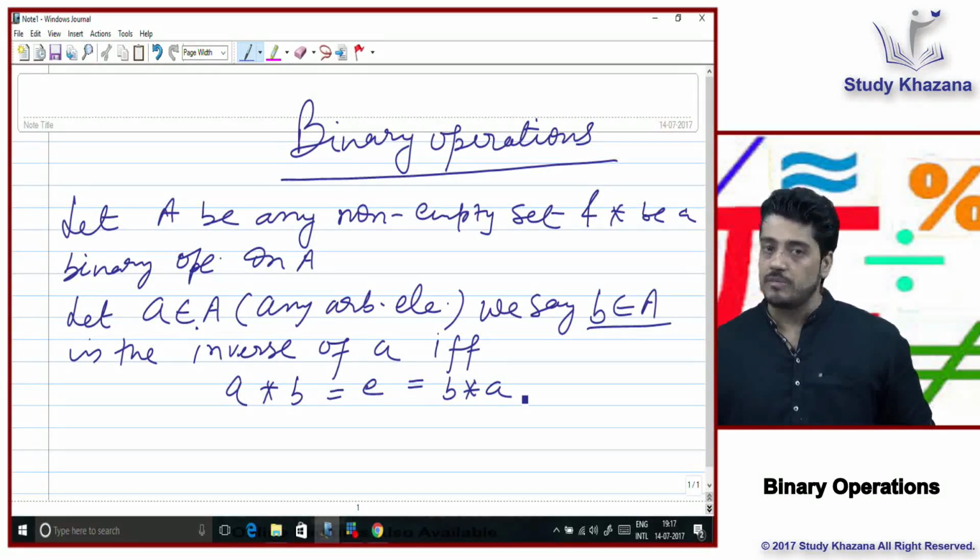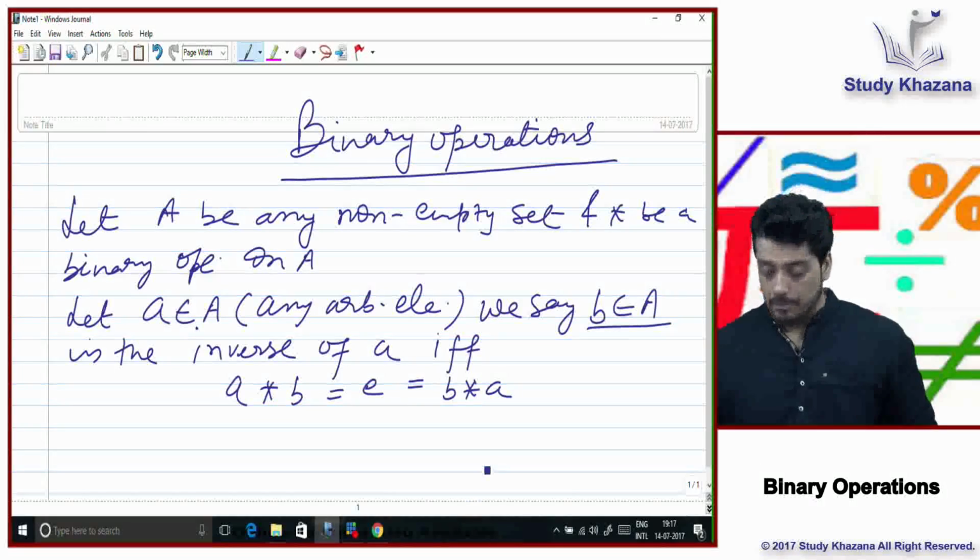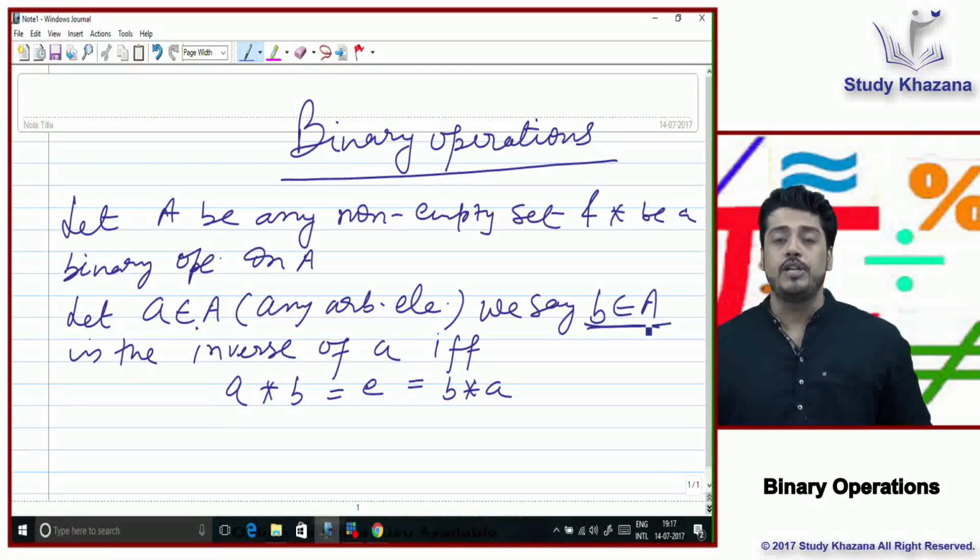What is my condition for invertibility? Any element a belongs to A is said to be invertible if there is an element b, but the important point is that b should again belong to the set A, such that a star b is equal to e is equal to b star a.